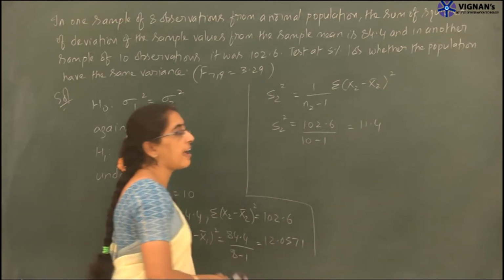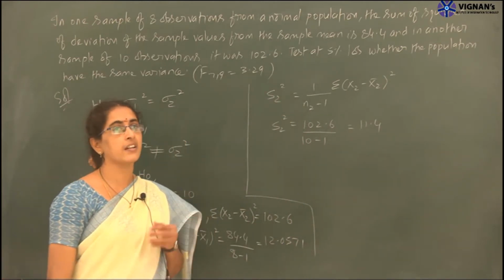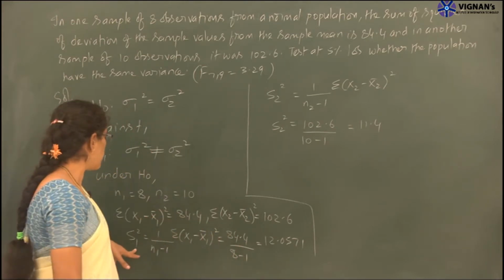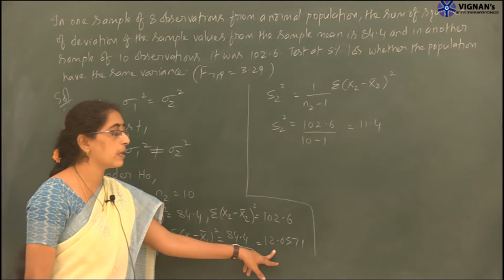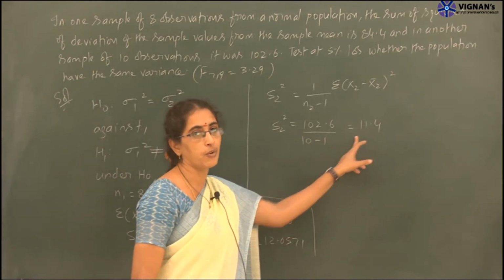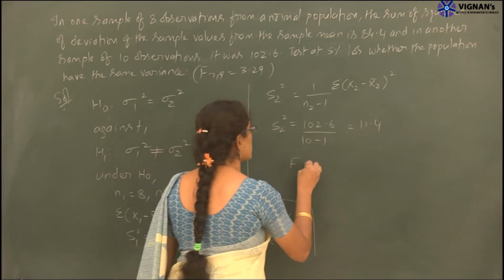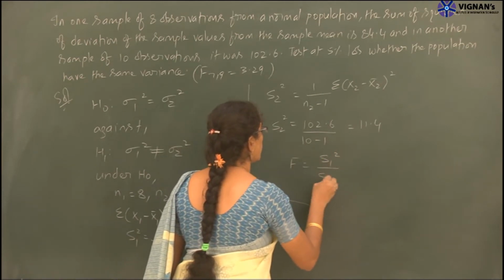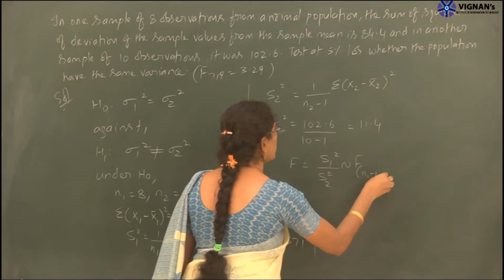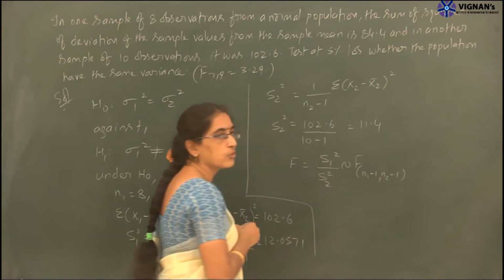Now whichever has the greater variance will be in the numerator and the lesser variance in the denominator. If we compare, capital S1 square is 12.0571 and capital S2 square is 11.4. So our F statistic is capital S1 square by capital S2 square, which follows the F distribution with n1 minus 1, n2 minus 1.